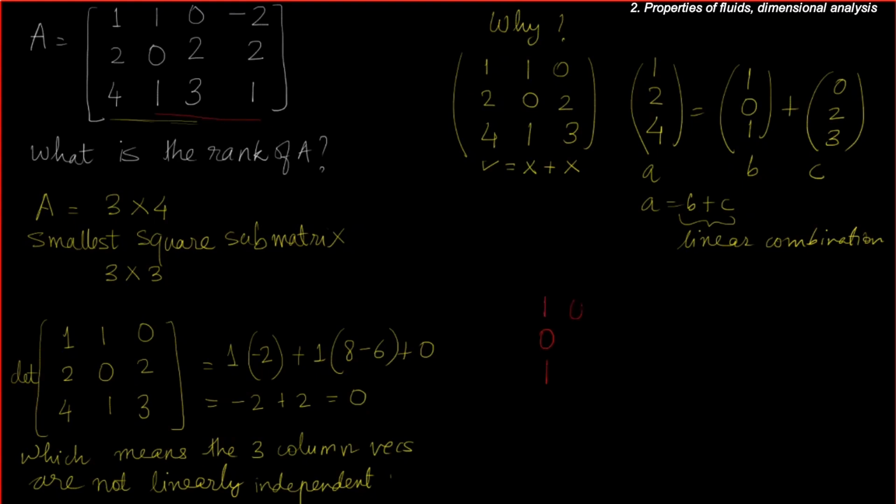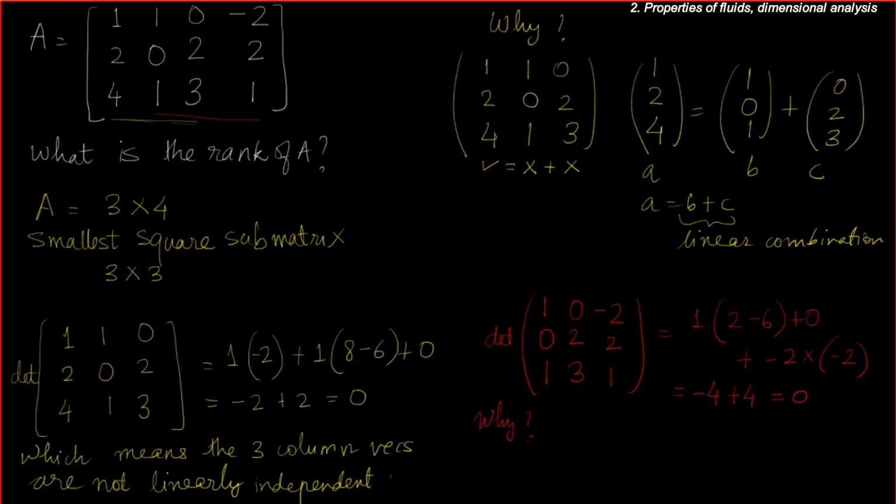Let us choose the second, third and fourth columns of the matrix A. Again, the determinant as shown on the screen is equal to 0, which means that again there must be some column vector which can be represented as a linear combination of the 2 other column vectors, because had the rank been 3, all the 3 columns would have been linearly independent, but that is not the case.